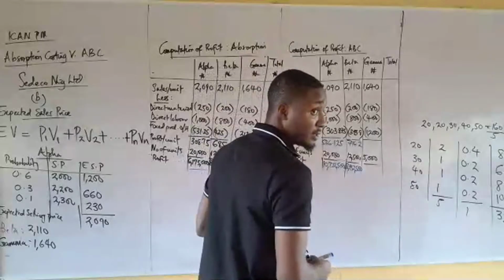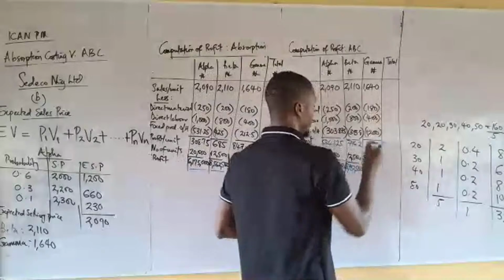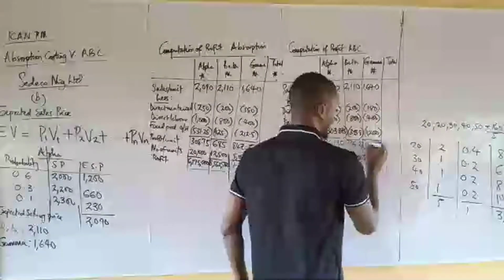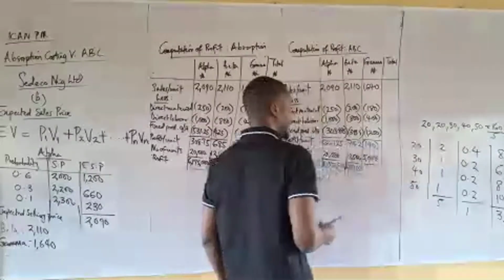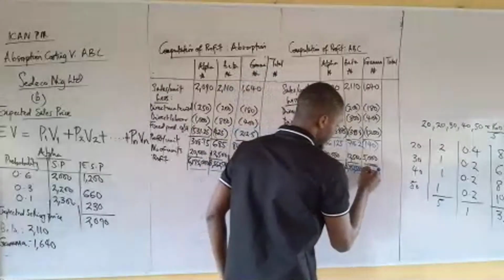Negative 140. So 40,000. Negative 700,100,000.